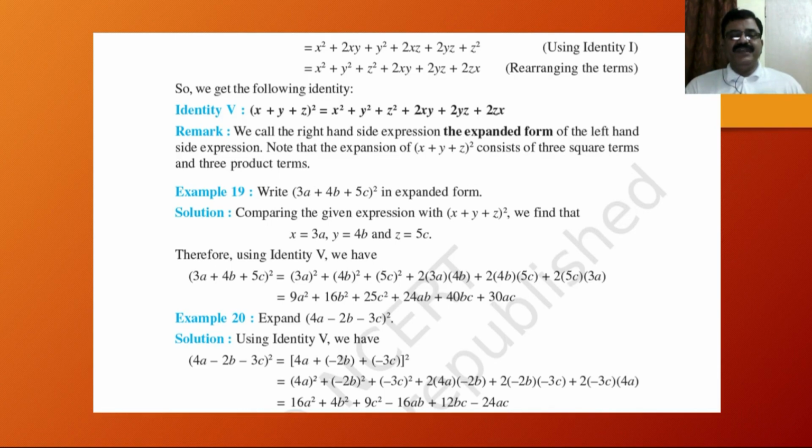We can write (4a) the whole square plus (minus 2b) the whole square plus (minus 3c) the whole square plus 2 into 4a into minus 2b plus 2 into minus 2b into minus 3c plus 2 into minus 3c into 4a. So we obtain 16a square plus 4b square plus 9c square minus 16ab plus 12bc minus 24ac.